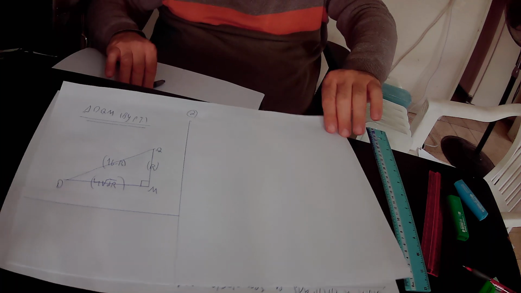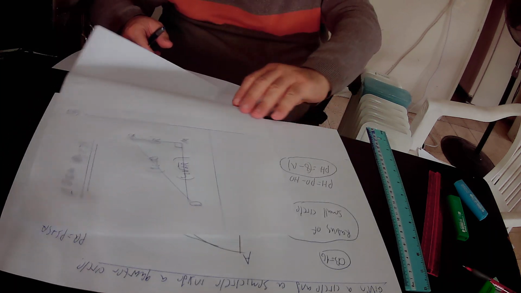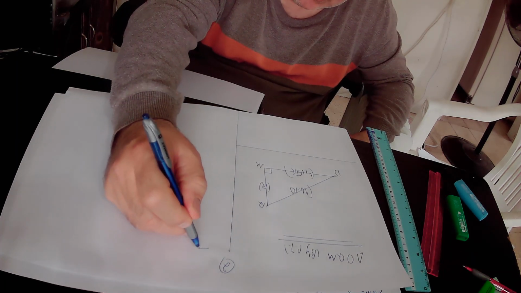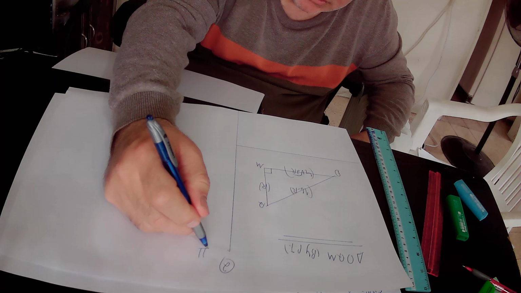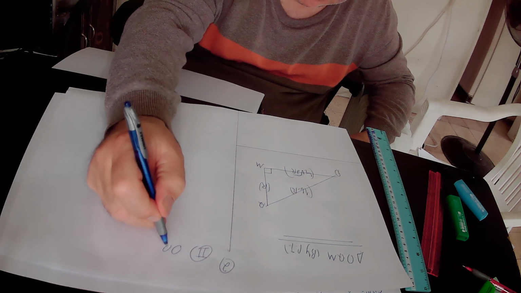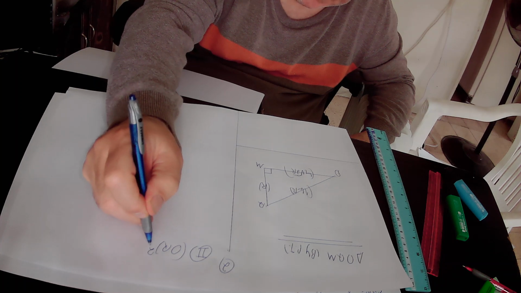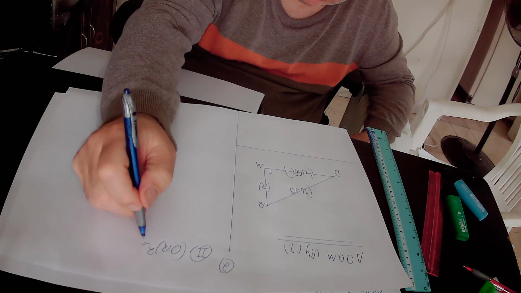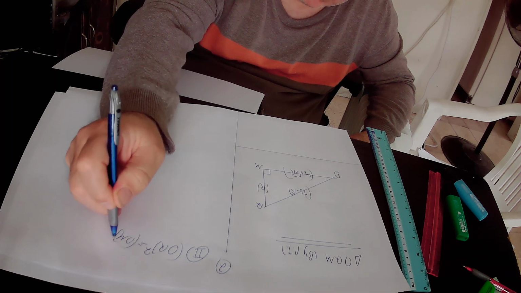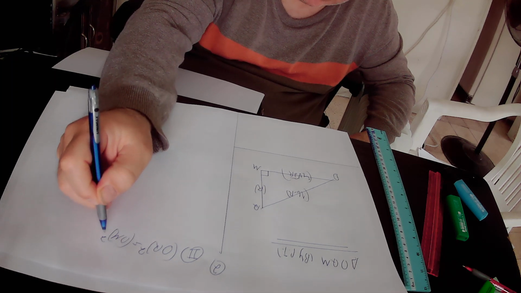So I write it down. This will be equation 2. According to equation 2, OQ square equals OM square plus QM square.